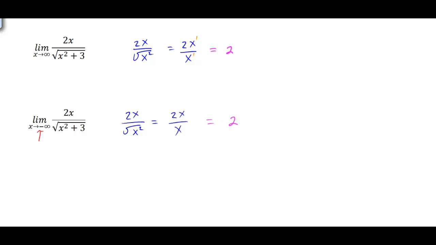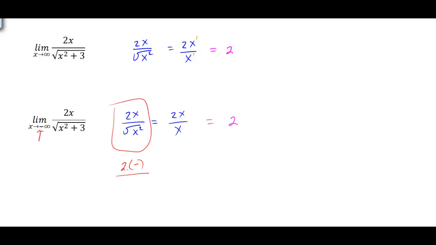But we need to be careful because of the negative sign. If we look at this first term here where we have 2x over the square root of x squared, I think it's easier to understand what's going to happen with the negative. For example, if we were to just look at the negative and ignore the infinity part for now, if we plug a negative in for x on the top, you would have 2 times a negative.